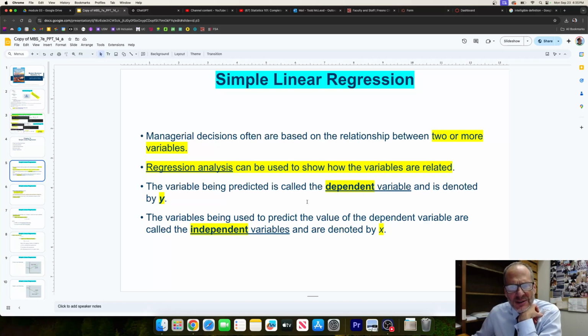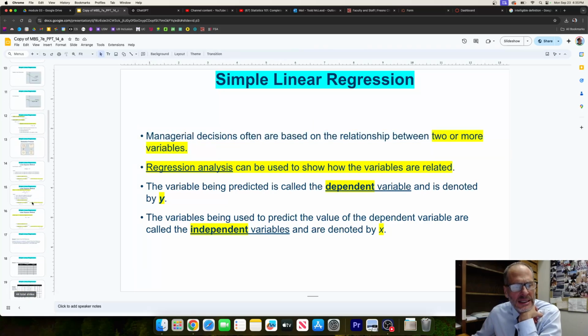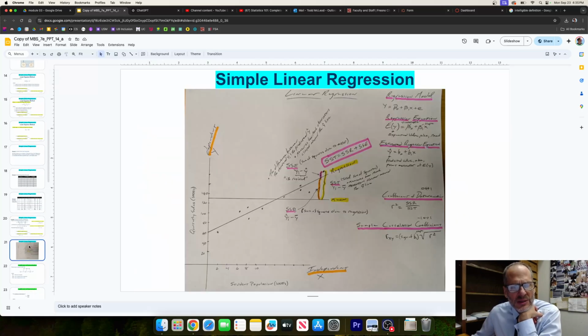Managerial decisions often are based on the relationship between two or more variables. And so in that previous video, when we were introducing linear regression, we were looking at the relationship between the size of the college population next to each pizza shop, and pizza shops that are near schools with more students make more money. They have more sales every quarter, right?